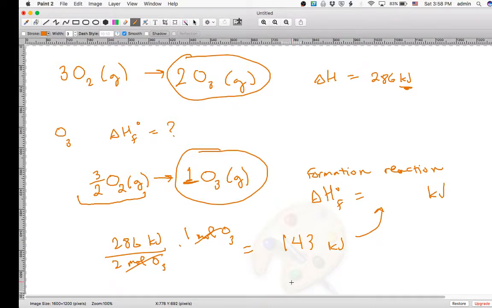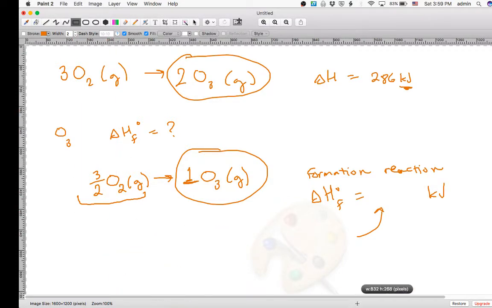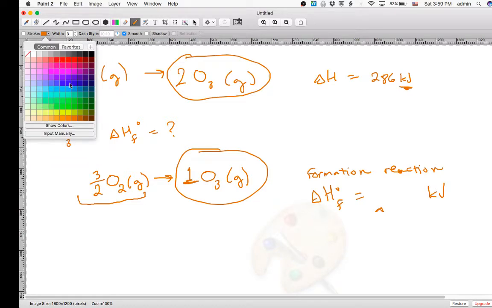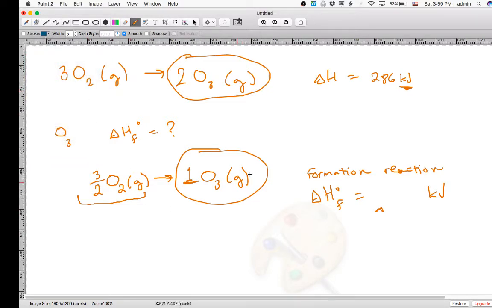All right. Now, you could have used the ozone. You could also have used the oxygen. Let me show you how to do this with the oxygen. Okay. So with the oxygen now, I want kilojoules. So let me start with kilojoules.